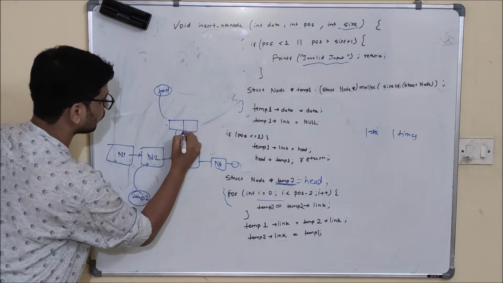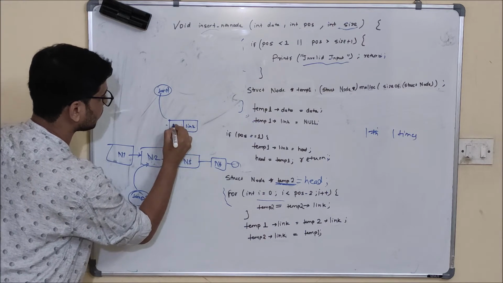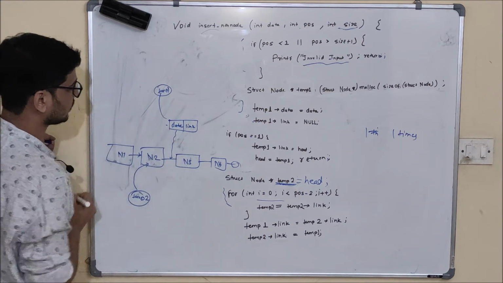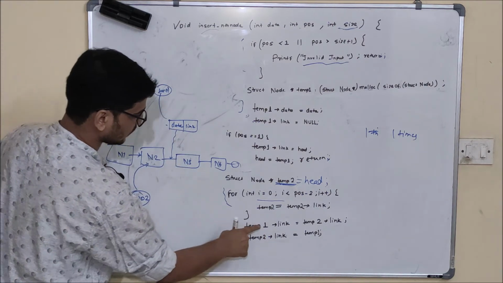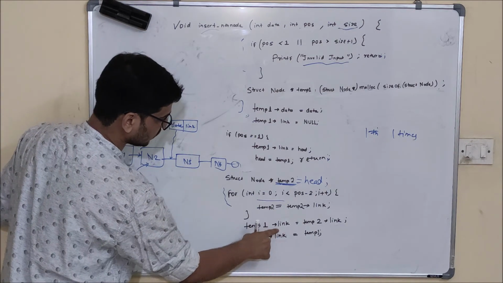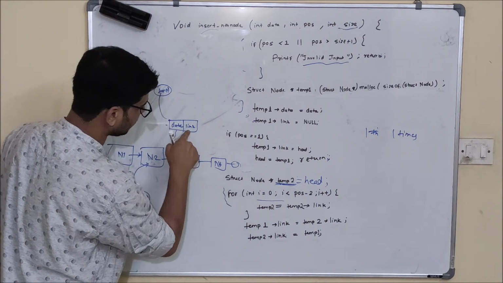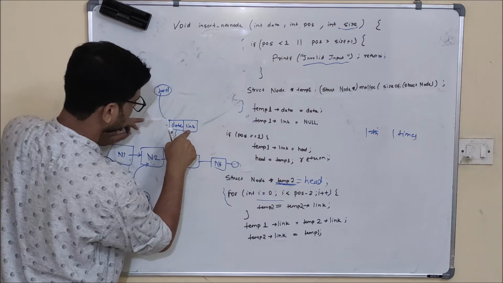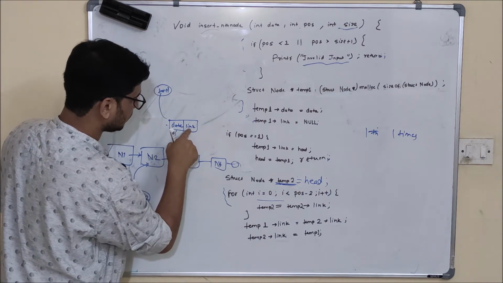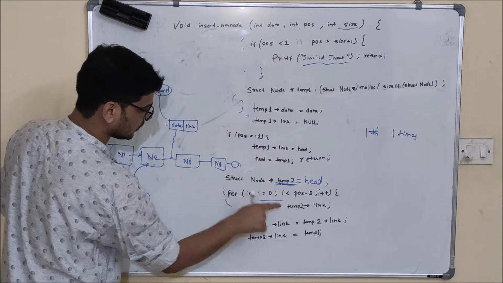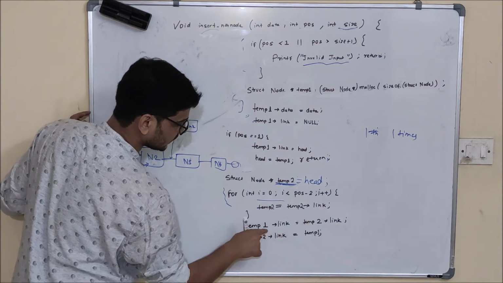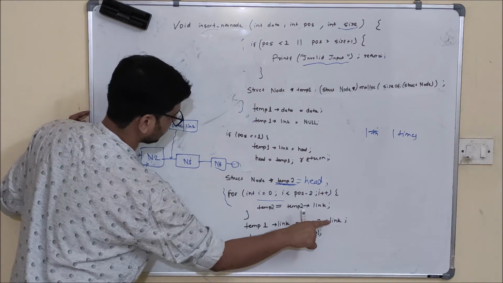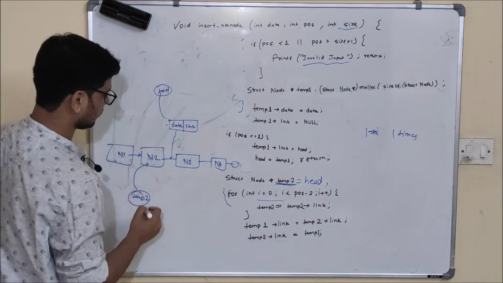Now see what this line is doing. This is temp1, this is its link part, this is its data part. So temp1 dot link, using this we will be able to access the link part of this particular node. temp1 dot link will be equal to temp2 dot link.